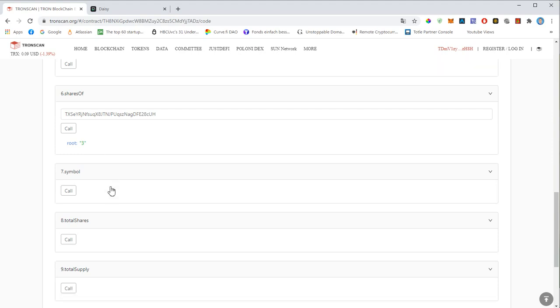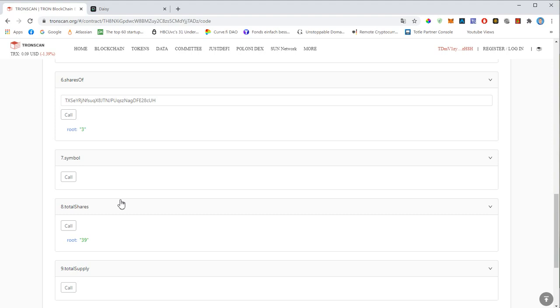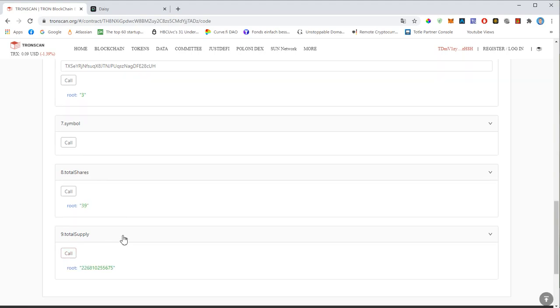And we can have a look how many Paysetter leadership members exist, and this is 39, right? So this person will get 3 shares of 39 shares, right? And the total supply will be shown here, and this must be some crazy money.